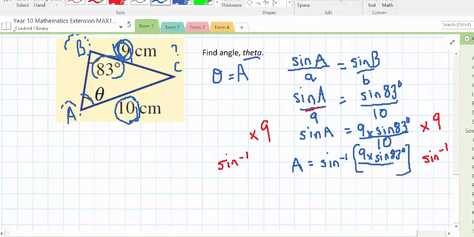There we go. And then we crunch that in the calculator, and I get 63.3 degrees to 1 decimal place, assuming that's what they've asked you for.